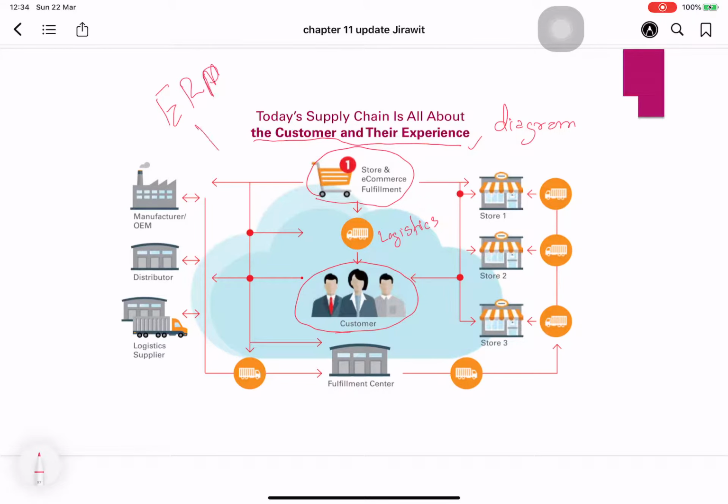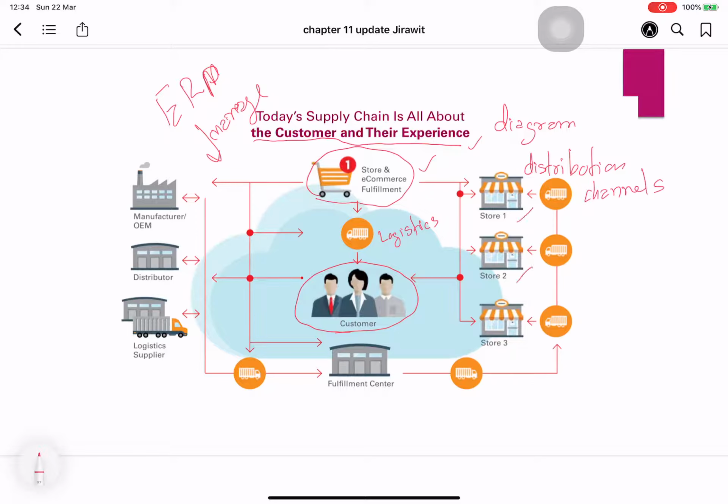Okay, the ERP can help you to manage your inventory or distribution channel. For example, this is store and this is distribution channel, right?